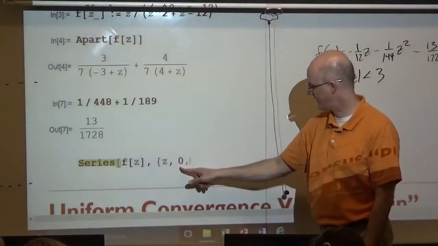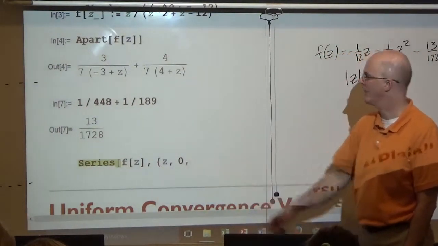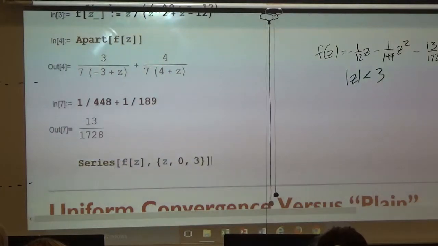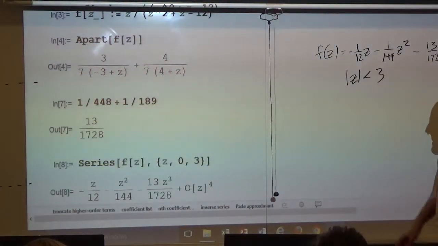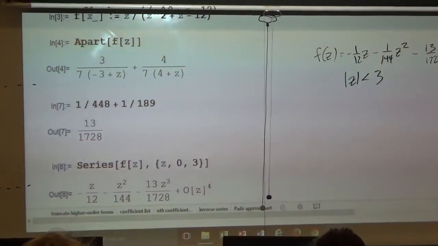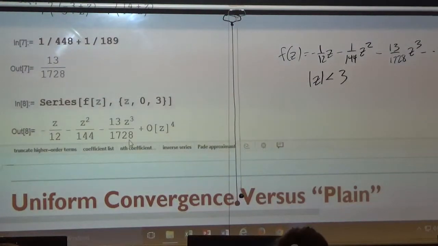Z is the variable. 0 is what I'm expanding about. The highest power of z that I want to see before the big O comes next. Let's put 3 there so it matches. Did it work? Yeah, it looks good. Okay. Pretty cool. Always happy when this works out, right?